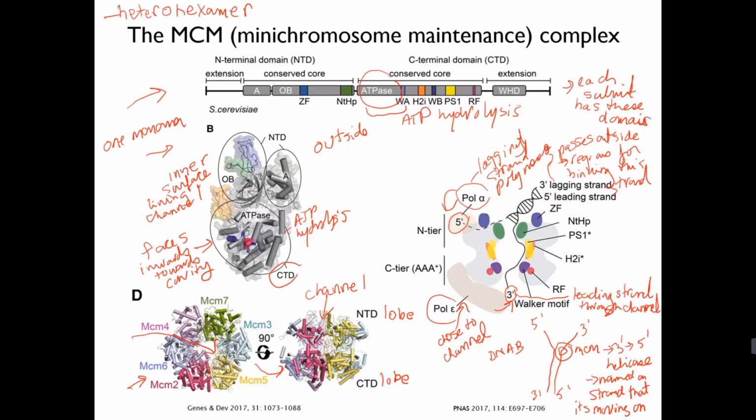It translocates on the opposite strand, so you would find it here. It moves in the 5' to 3' direction, just the opposite direction of MCM. So that's the enzyme that unwinds the DNA.